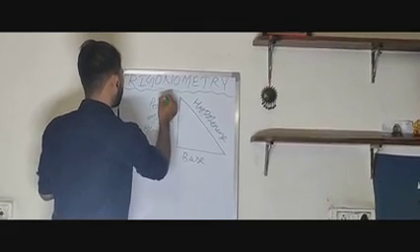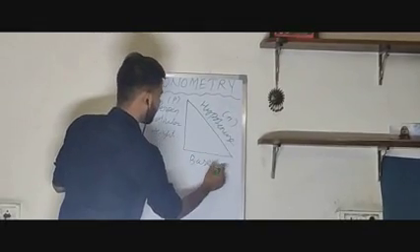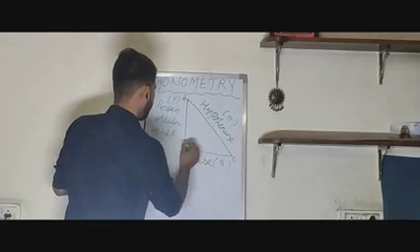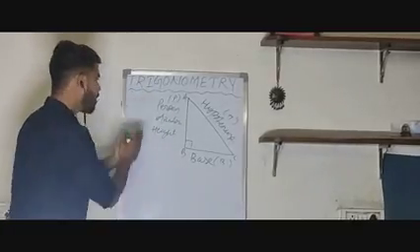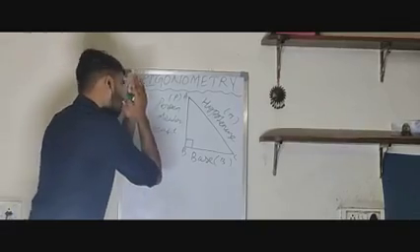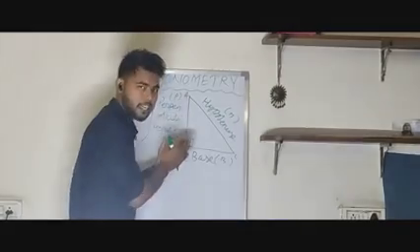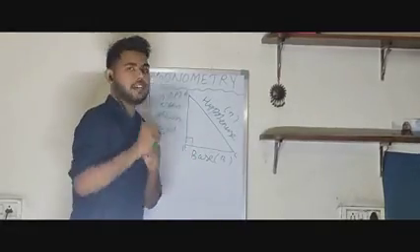In short, you can symbolize perpendicular as P, hypotenuse as H, and base as B. Here B is 90 degrees. So in trigonometry, we will consider a right angle triangle.